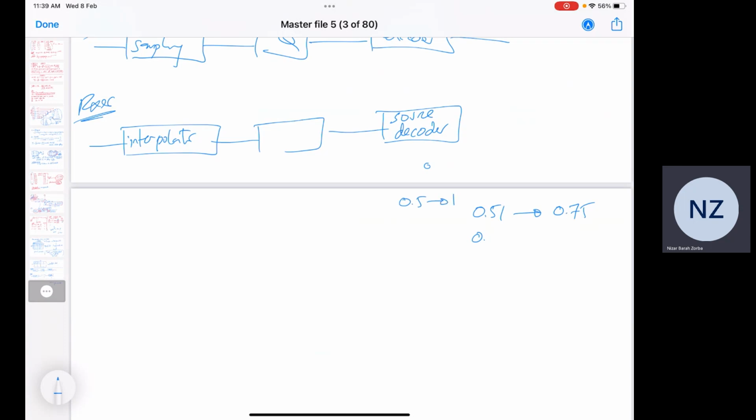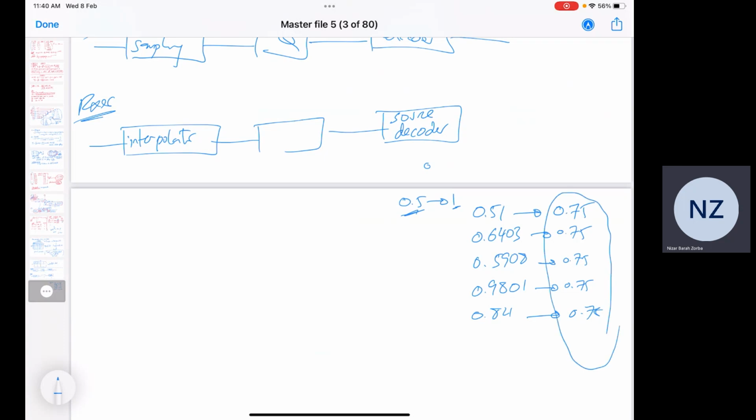So 0.51, 0.75; 0.6403, 0.75; 0.5908, 0.75; 0.9801, 0.75; 0.84, 0.75. All the values between 0.5 and 1, we said that we will approximate to be 0.75.